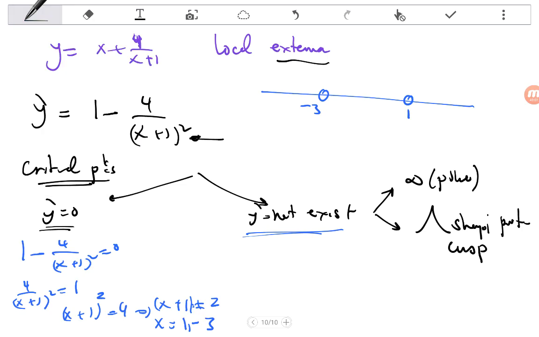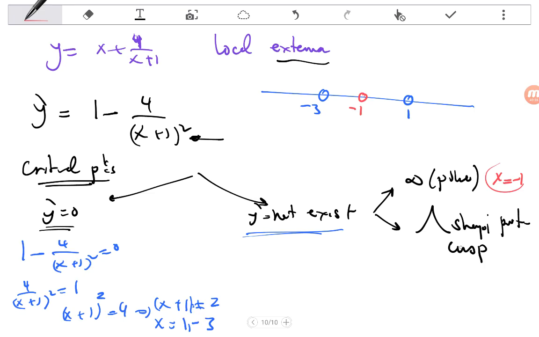Here we have a denominator, and whenever we have a denominator, we'll have a pole. So what makes this denominator equal to 0? Which is x equal negative 1. So we have a pole at x equal negative 1. This is a pole. Okay?